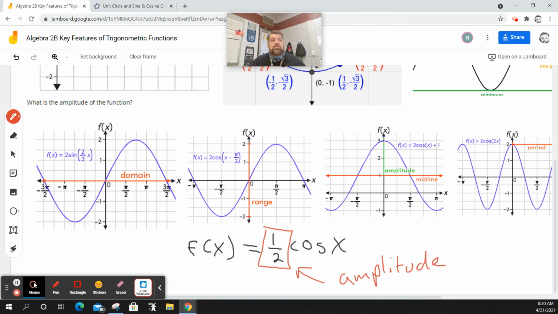So the amplitude is just 1/2. So if we look at this problem from here to here, the distance from 1 to 3 is 2, and notice that in front of this right here, we have the number 2. That's no accident.